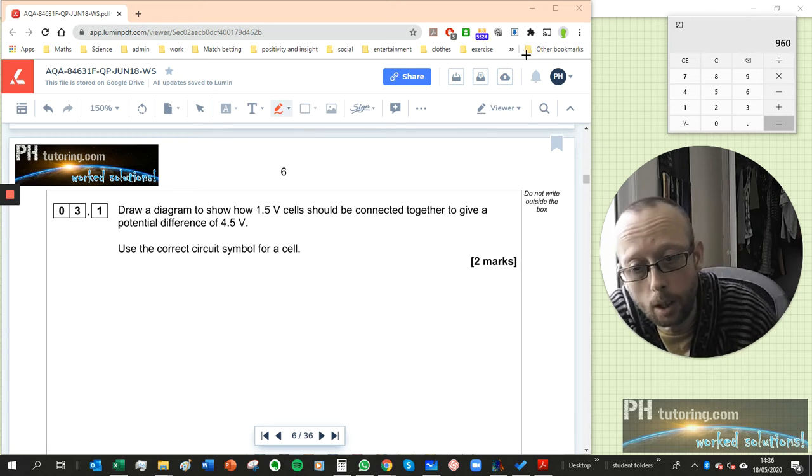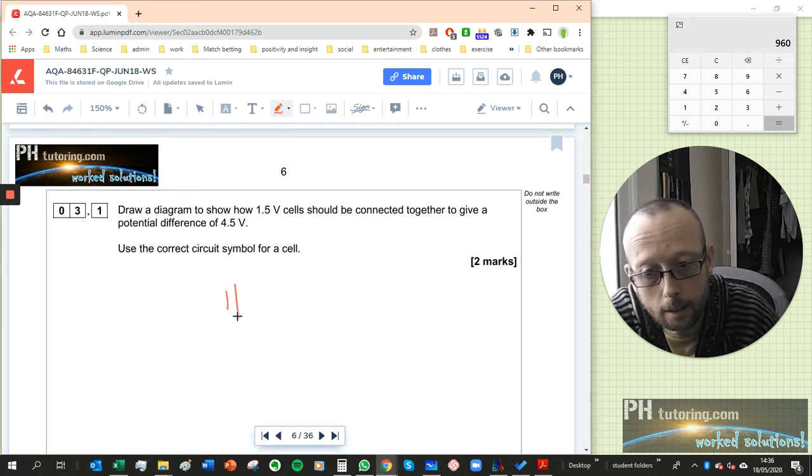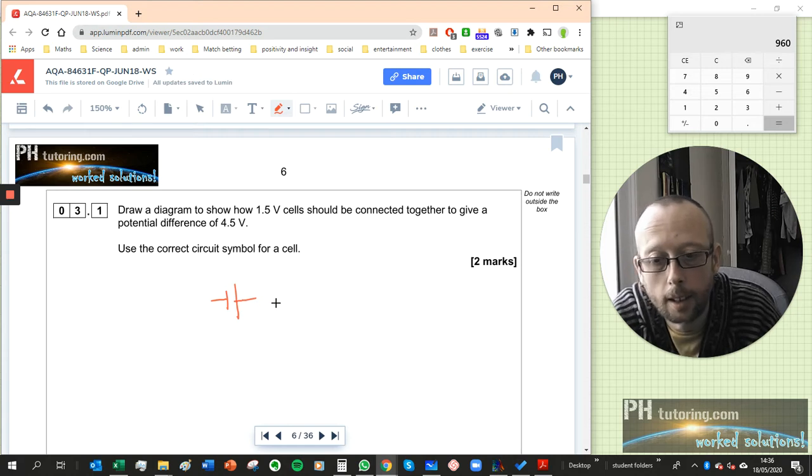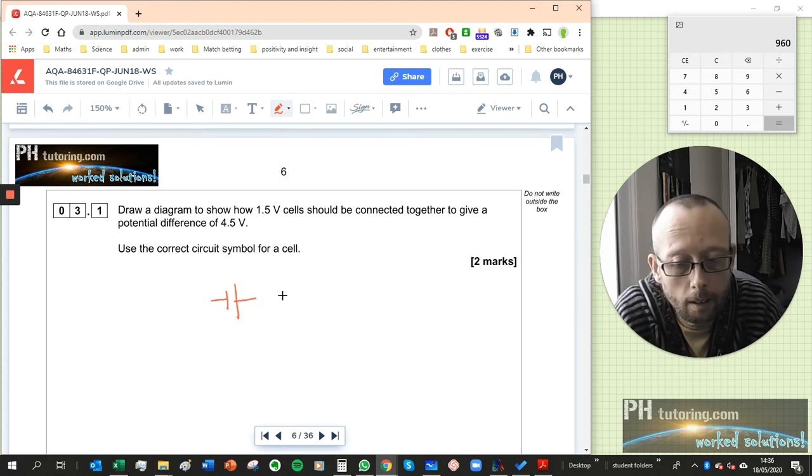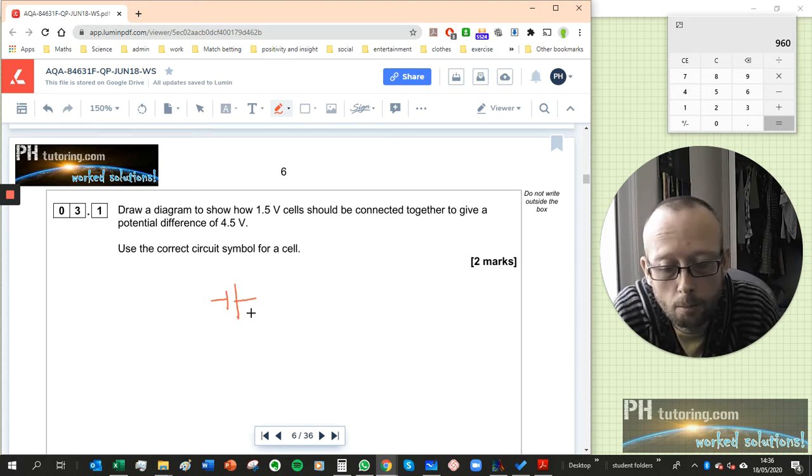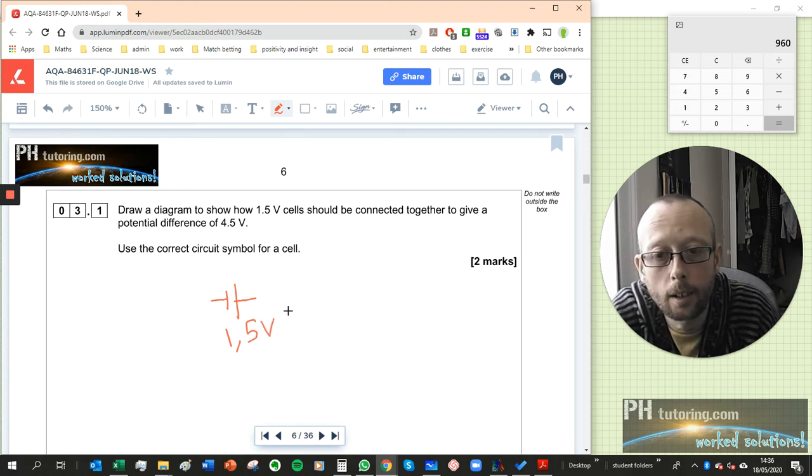So a cell would look like this, and that would be the wire there. Connecting it up. We want to know how we can combine a number of these. Each one is 1.5 volts. And how can they be connected together to give a potential difference of 4.5 volts?